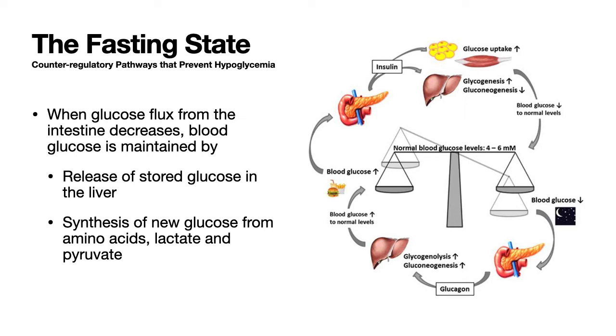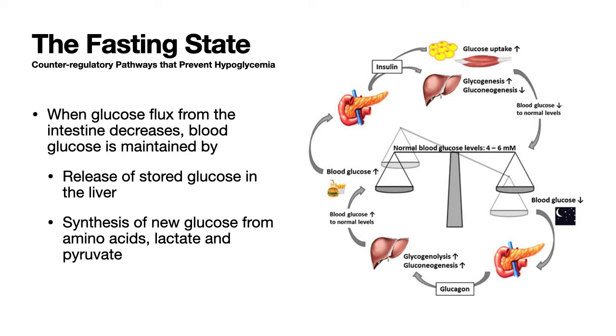Let's start first with the left side of the image where blood glucose is high. We have already discussed that the liver captures the glucose and the excess glucose is detected by the pancreas, upon which it secretes insulin.